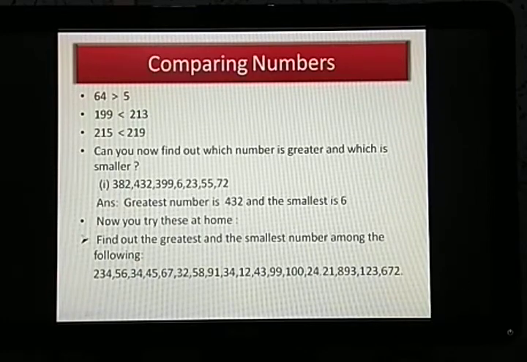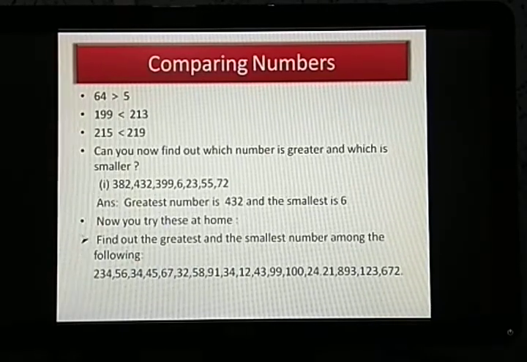So these are the numbers. There are also many other examples and problems given in your book which you can try at home. They are given under the topic Try This. So please see in your textbooks, Try This. You can try that at home.